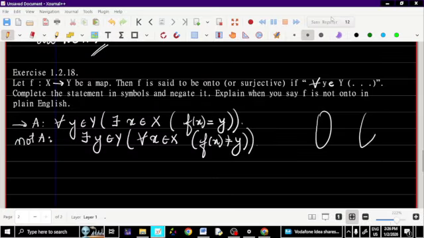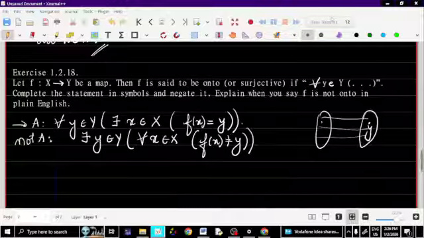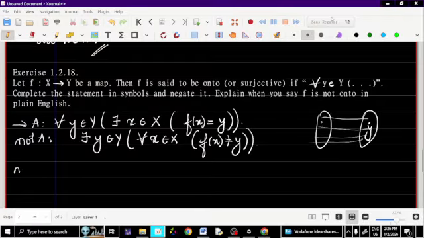That means there is a point y here in the codomain which does not have a preimage. So no matter which point you take, it is not going to y. It will go anywhere other than y. So how will you frame the negation now in plain English?